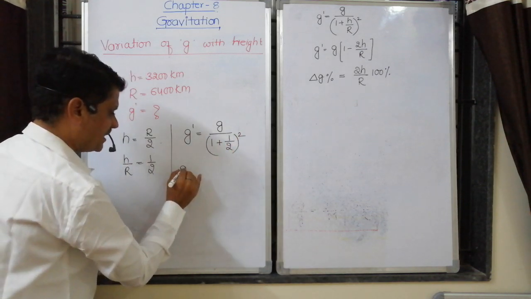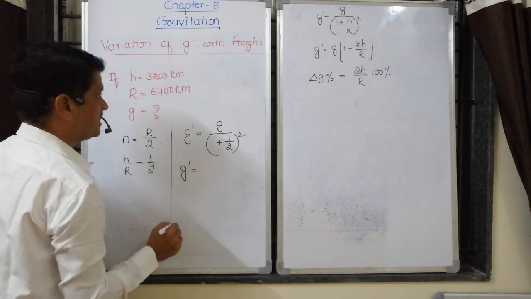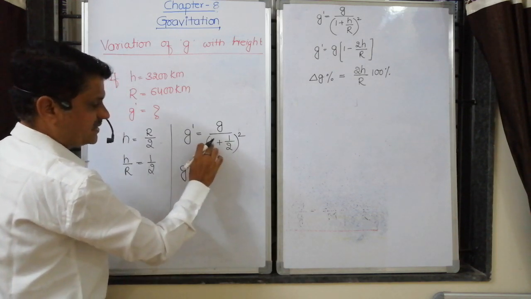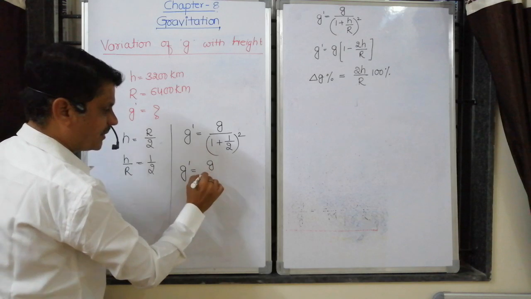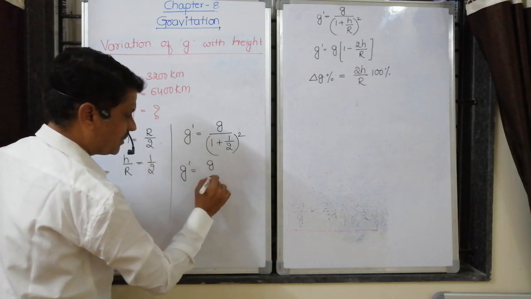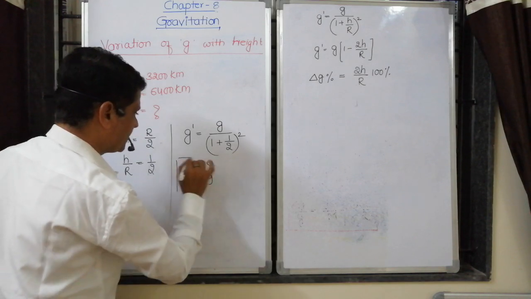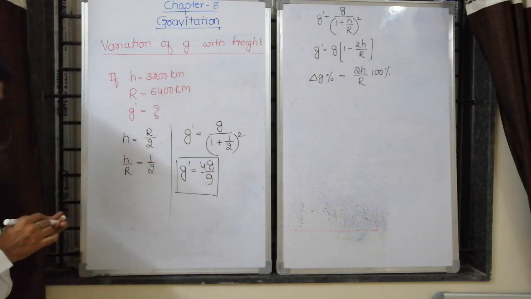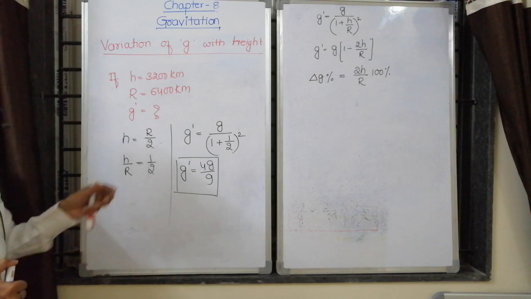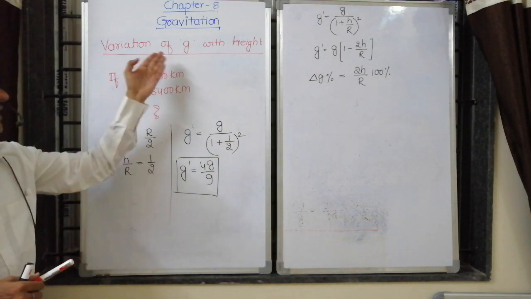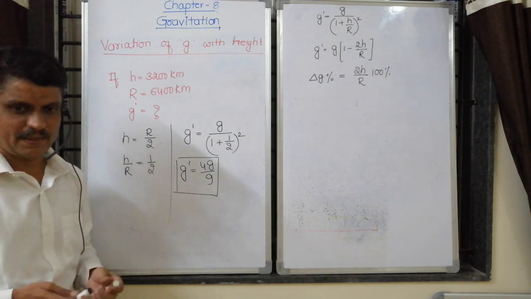Then g dash is equal to g divided by, I think 3 by 2. 3 by 2 whole square is 9 by 4, so g dash is 4 by 9 of g. Please verify. So this kind of questions we come across on this variation of g with height.